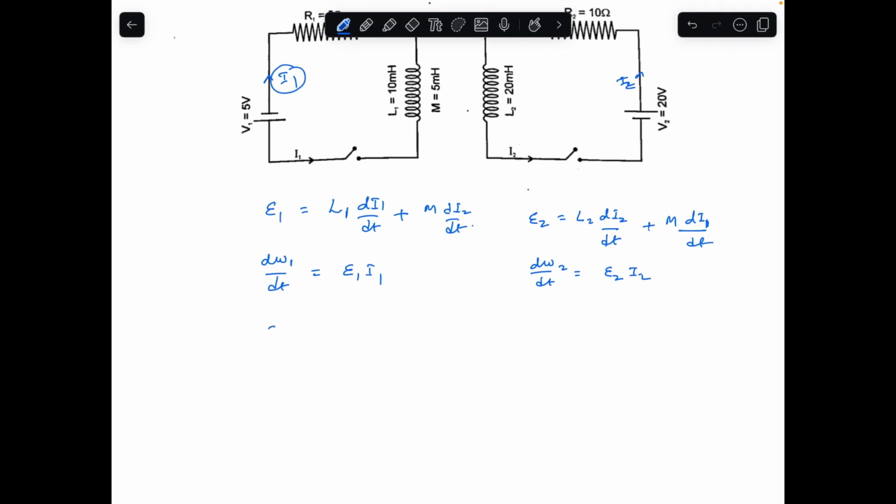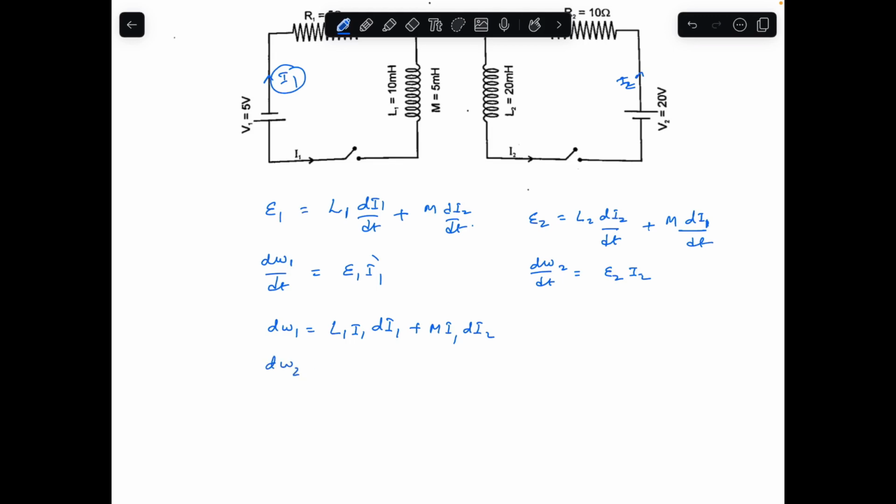Okay. So from here, can I write dW1 equal to E1 into I1? So I'll get L1 I1 dI1 plus M I1 dI2. dt cancels, okay.